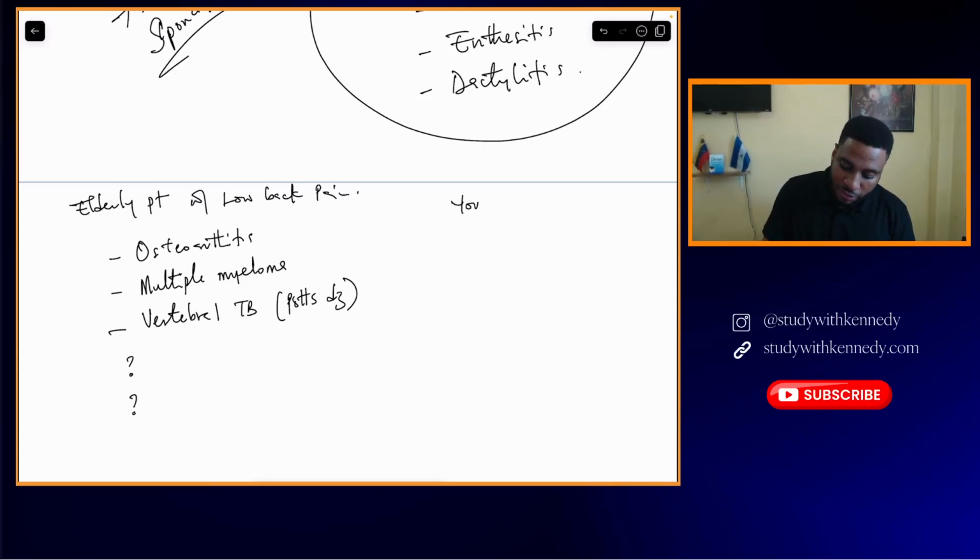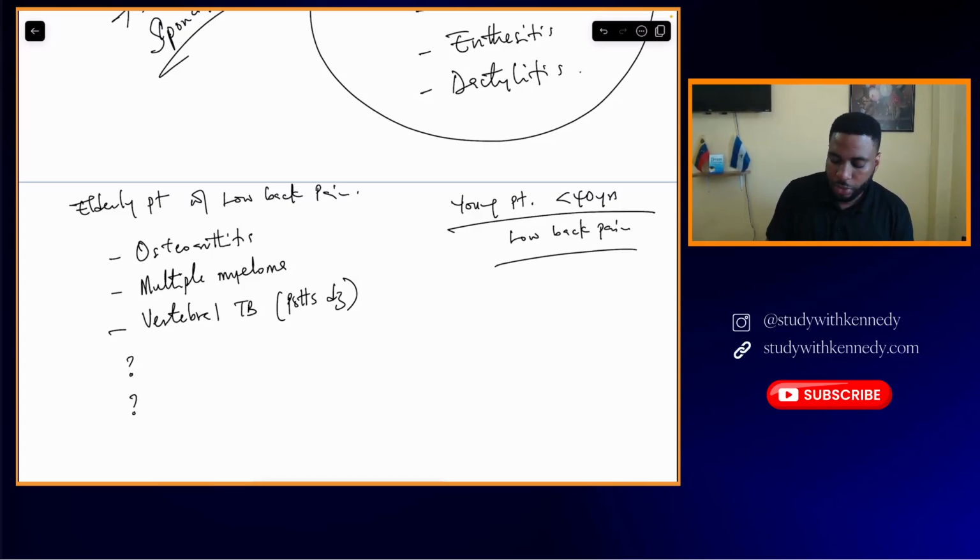However, when they give you a young patient, generally he'll be less than 40 years old, with low back pain, on the USMLE, there is one big differential I need you to know, and that is ankylosing spondylitis.